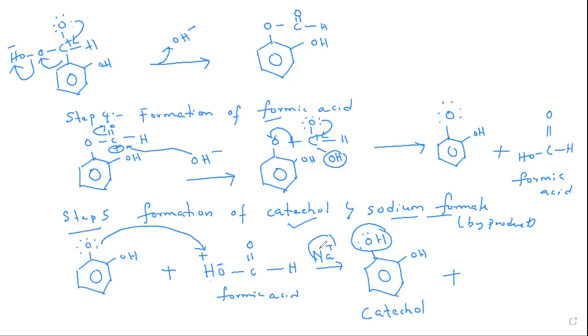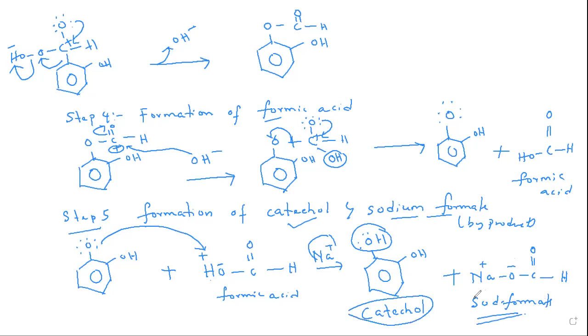So that sodium I'm going to use in step number 5, which is having positive charge. So this positively charged sodium reacts with negatively charged oxygen to form sodium formate like this, NaO minus C double bond O H. This is sodium formate. Okay, so this is catechol, which is a main product.